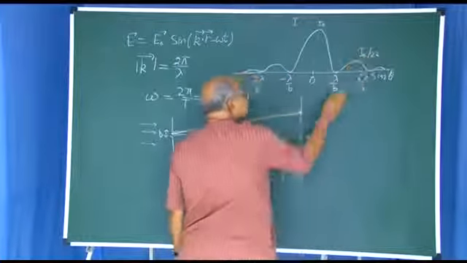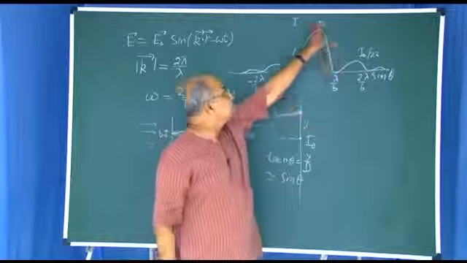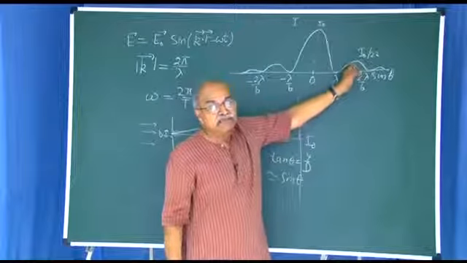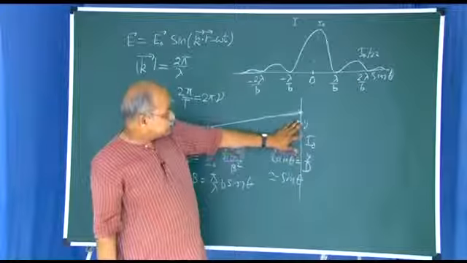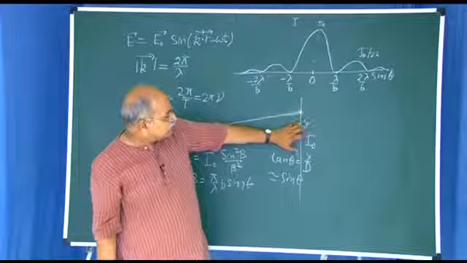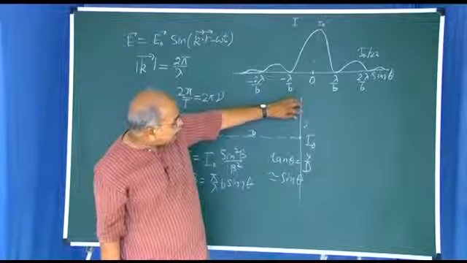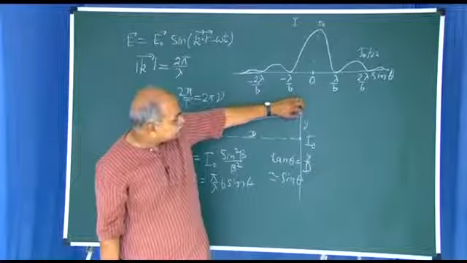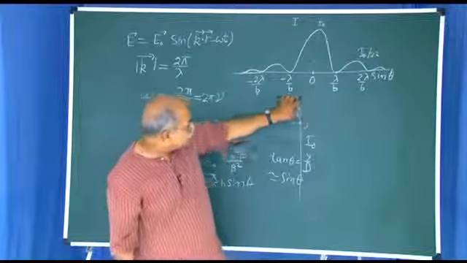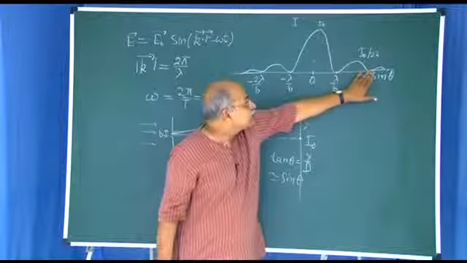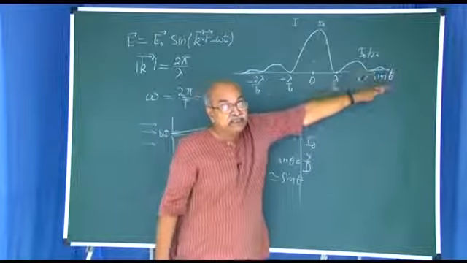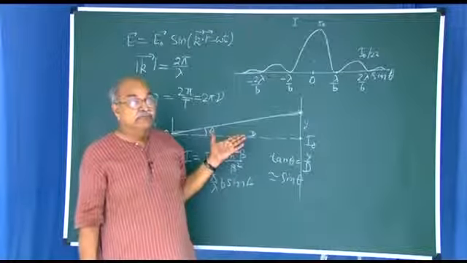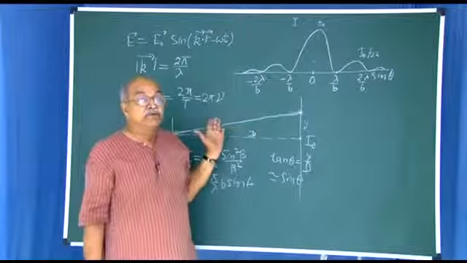So, this intensity is small compared to the intensity here, nevertheless in its own neighborhood this is a maximum. So, you have a bright band, then dark, and then again a bright band, not very bright, but still a band in its own neighborhood, and then again the intensity becomes 0 and increases. So, you have an alternating dark, bright, dark, bright pattern.